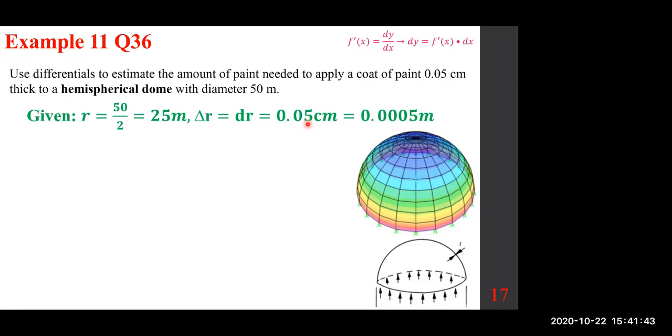You have a choice. Change this one to 2,500 centimeters, or change this one to 0.0005 meters, because remember, 1 meter is 100 centimeters. That's why. So you can go either way.